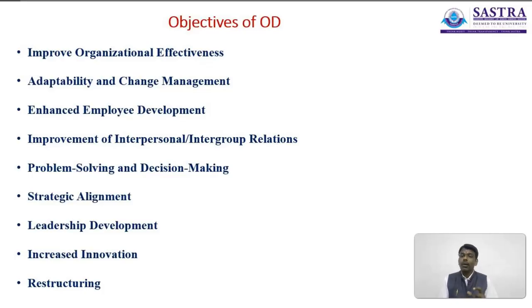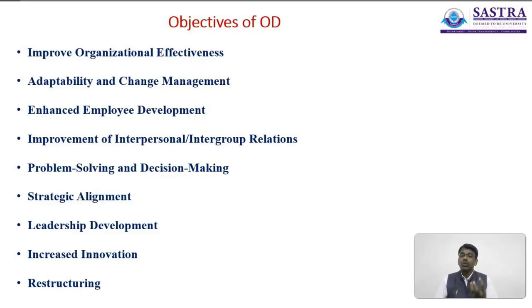Friends, OD, commonly known as organizational development, refers to a systematic and planned approach. See, a core aim of organization development is to enhance organizational effectiveness by ensuring that all the resources, processes, and people are utilized efficiently.